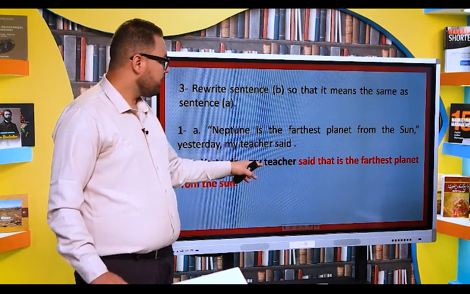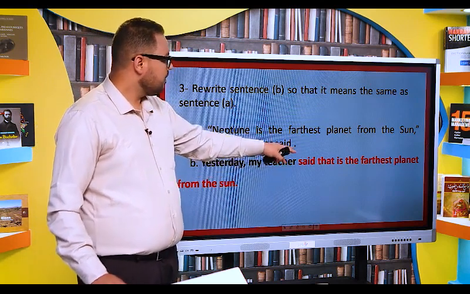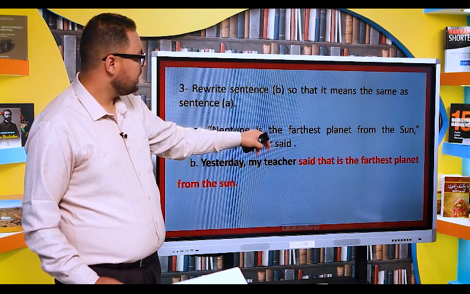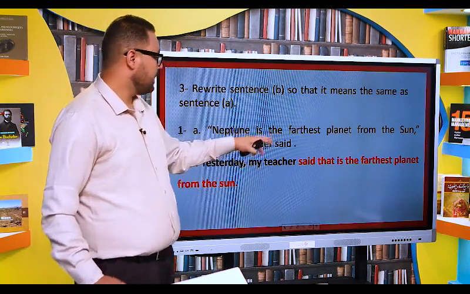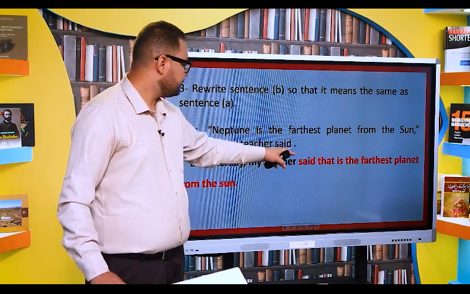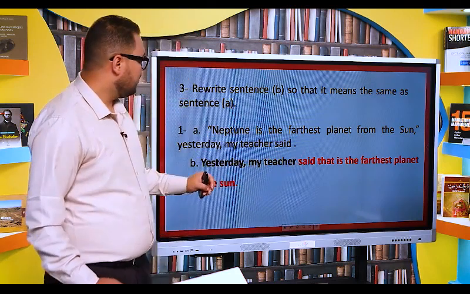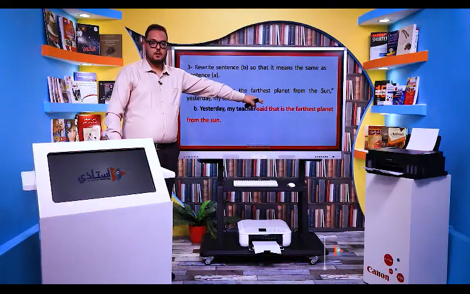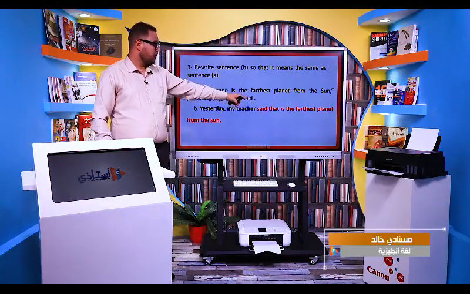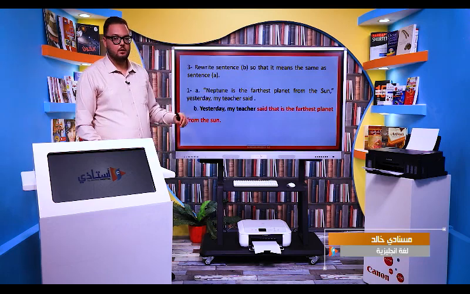Yesterday my teacher said that Neptune is the farthest planet from the sun. We see here that we have omitted the colons and we didn't change the tense because it's a general truth.